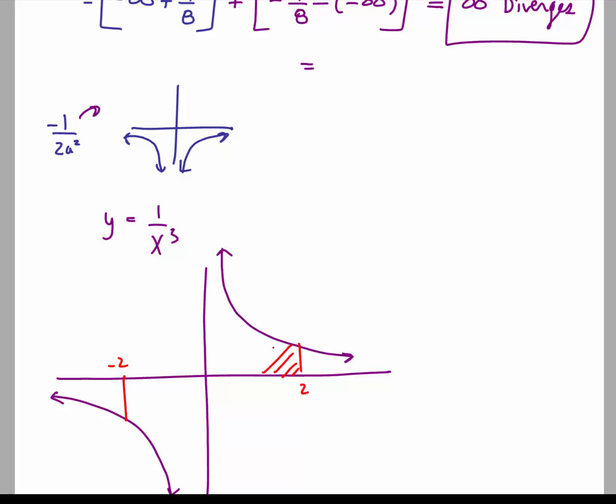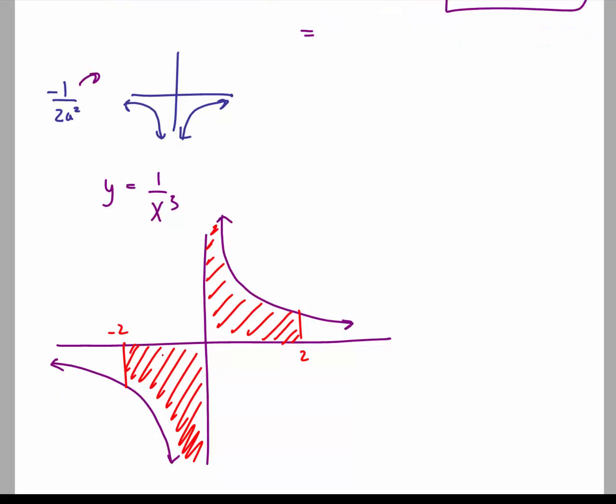So we're looking at this area, and we can see that this area is growing very, very fast as we come down in this direction. It's growing without bound. It's not going toward the y-axis fast enough to bound the area. So that is why this is divergent.